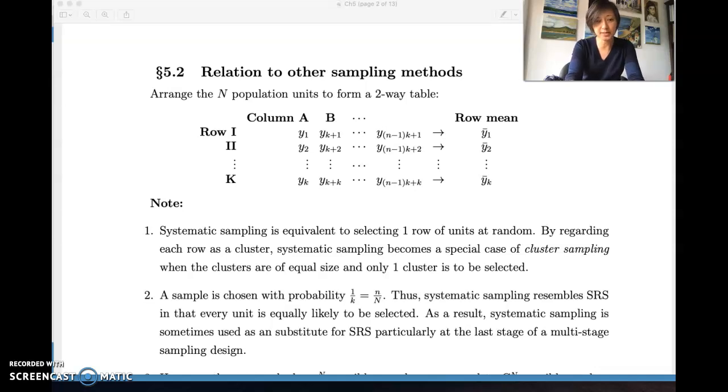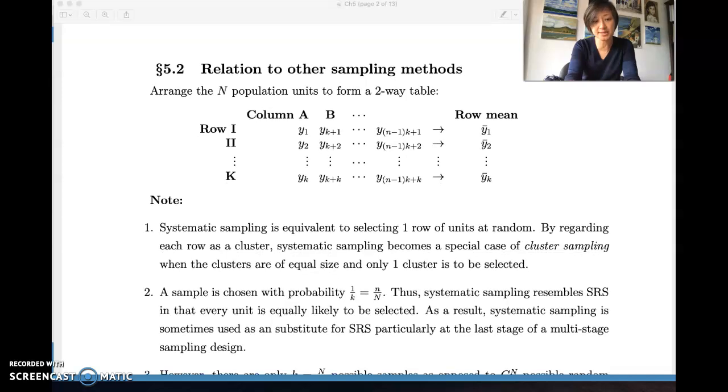Alternatively, we can say that a sample is chosen with the probability of 1 out of k. Because we are putting our students into 5 groups, a random start could be the 2nd student, or the 3rd, or the 5th, etc. So every sample has 1/5 chance of being chosen.